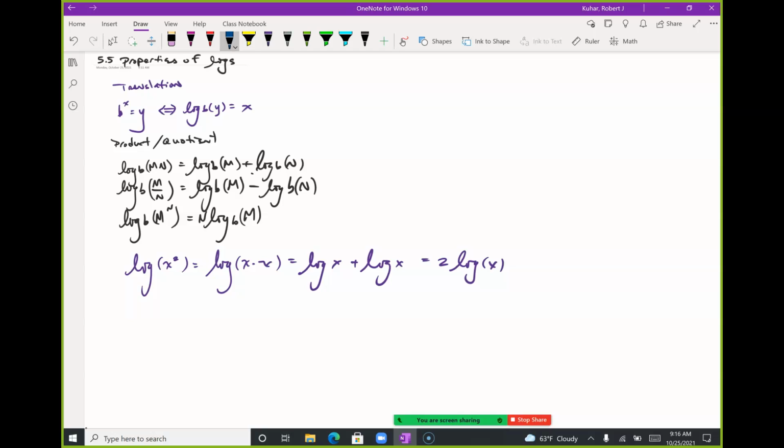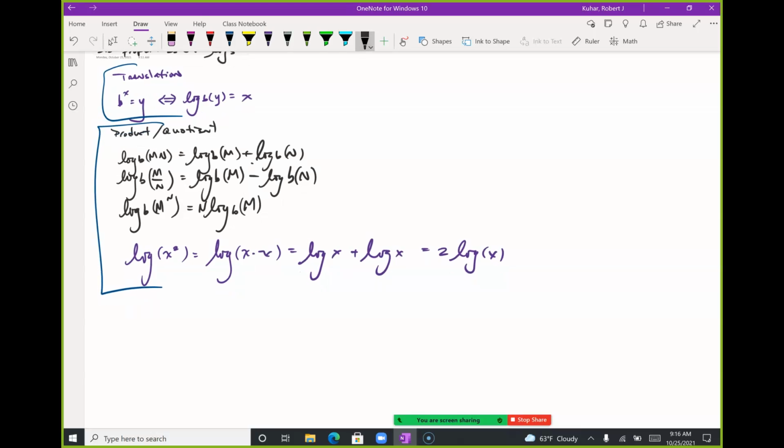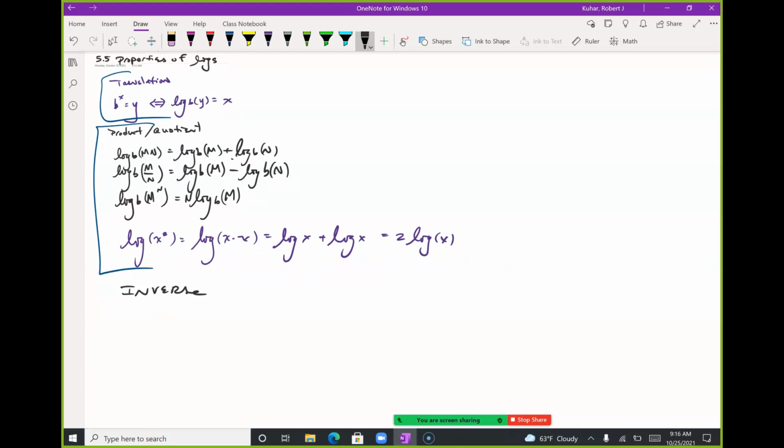So there's the list that we had done, and I'm adding to that list today with about four more pieces, and that is the inverse properties, and then the change of base. So my inverse properties are this.